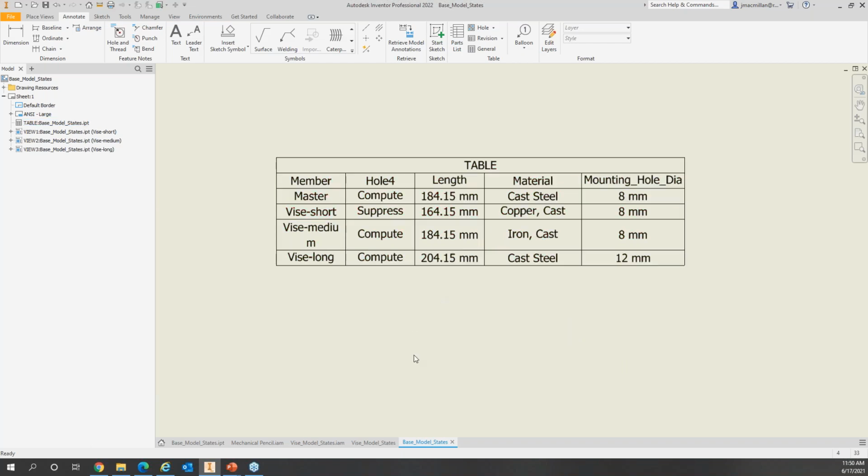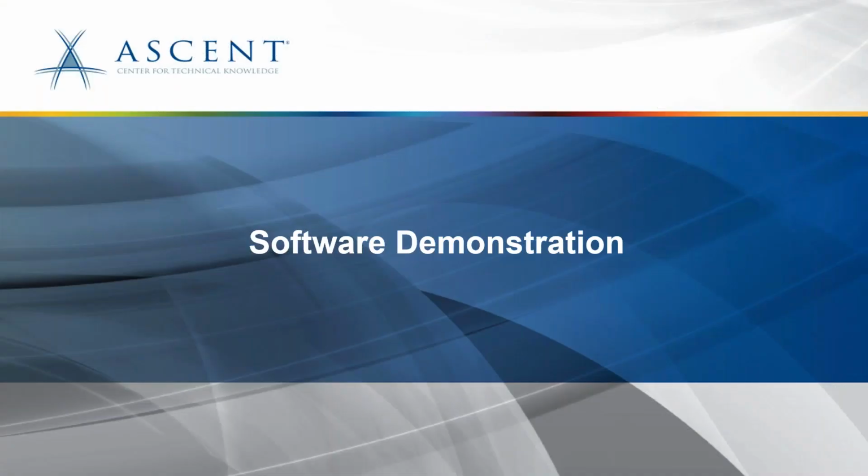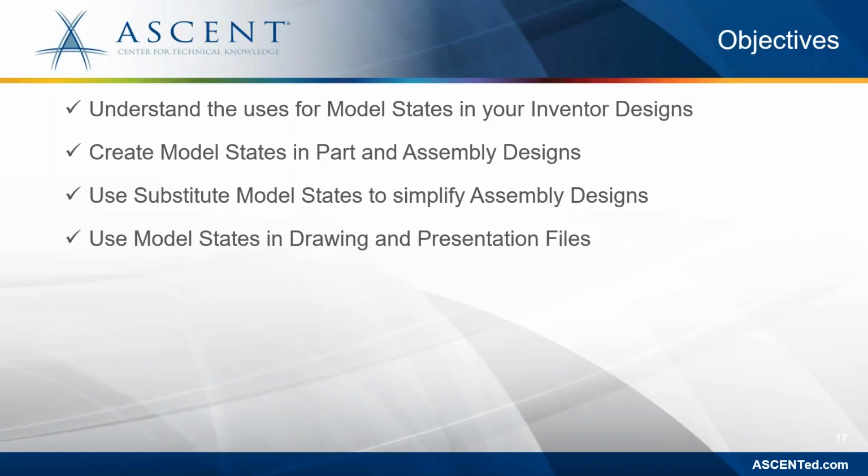So that pretty much sums up what I wanted to chat with you about today. I'm going to return back here and quickly go over the objectives to show that we've covered everything. So we started with an understanding of model states, and I certainly hope that I've explained it well to you, that you can see some uses with it for your companies. We've created some parts, we created some assemblies, we used the linking, and we manually activated model states in subcomponents to show you how that all works.